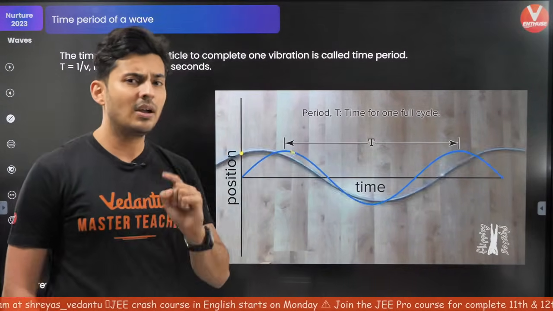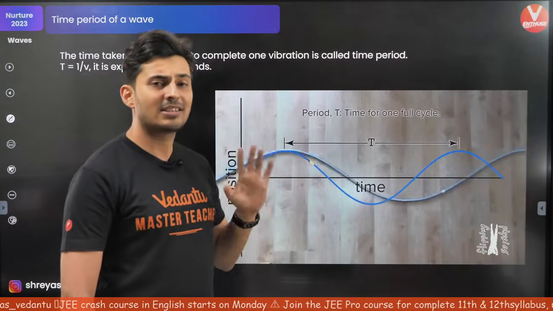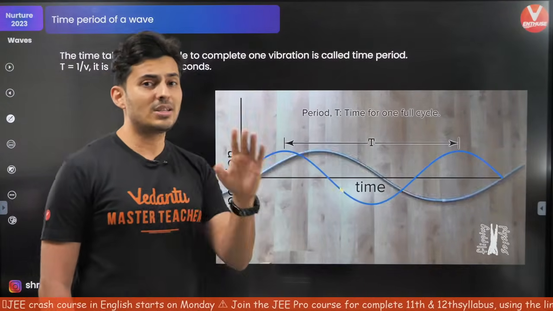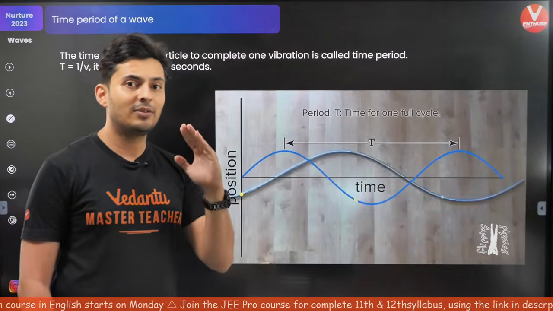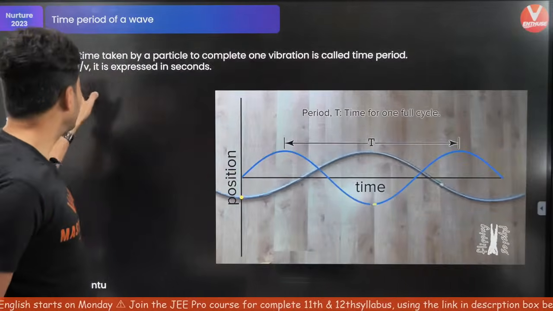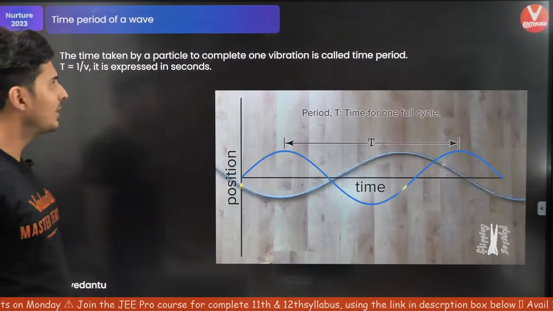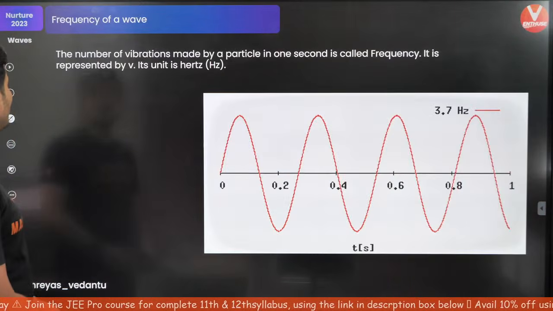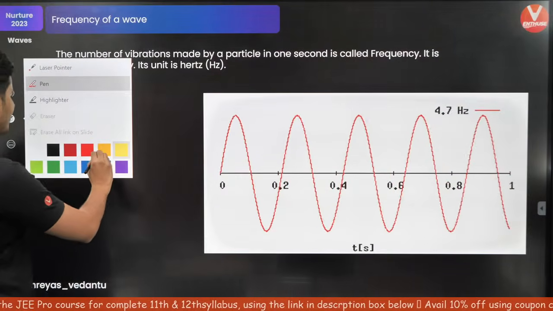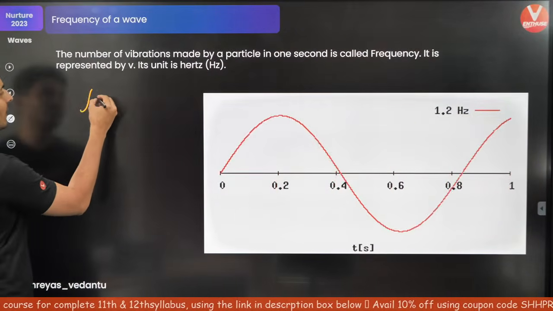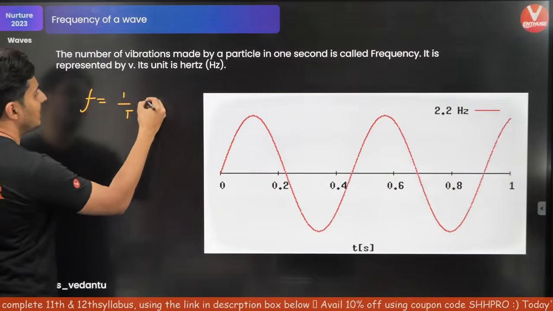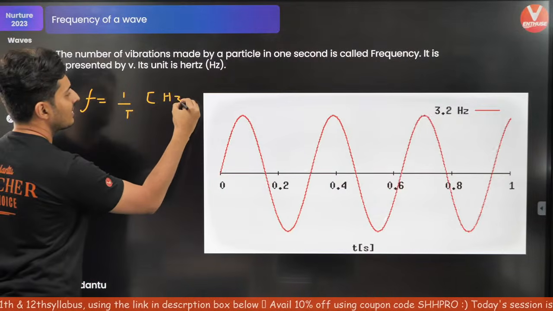So that's why I said oscillations are very similar to waves, and without oscillations it will be tough to understand waves. And what's the relationship between time period and frequency? Well, that's simple. Frequency is 1 by time period, and frequency is always expressed in hertz.